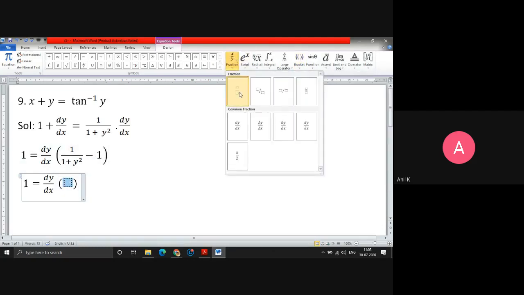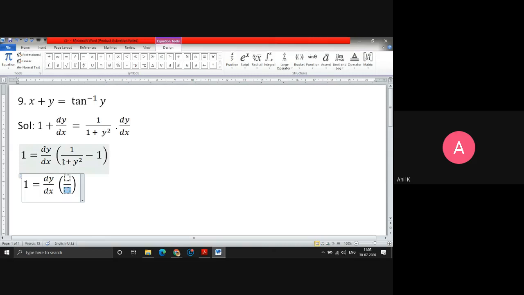Your LCM is 1 plus y square. In the numerator you will get 1 minus of 1 plus y square, so you can write minus 1 minus y square. After taking the LCM, I multiply the numerator with the negative sign. I hope you can understand this step easily.